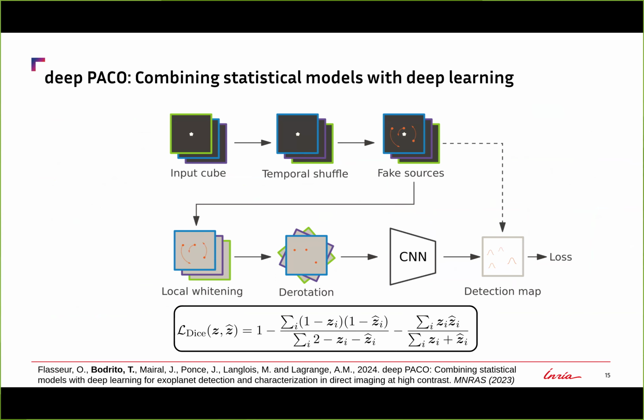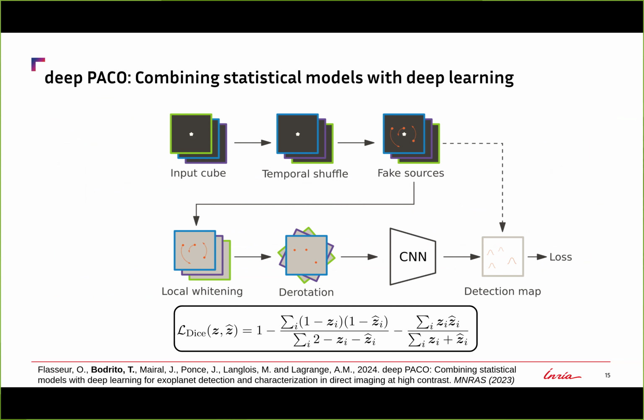If my memory is good, I think it tries to minimize... I'm not entirely sure of the meaning of each term, but the general idea is that you have your detection map with some pixels that are turned on where there is a source, and some pixels that are turned off when there is no source.